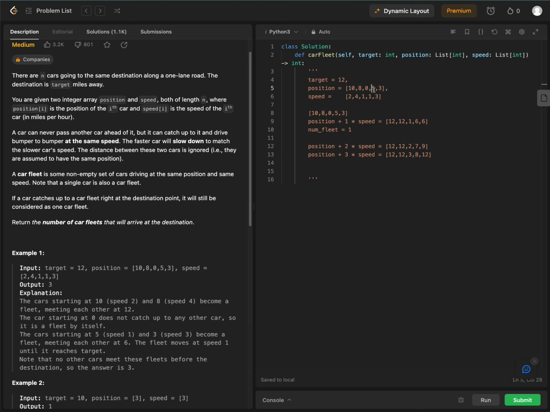It's saying that these two cars become a fleet. Why is that so? 5 plus 1, 3 plus 1. So these two become a fleet.